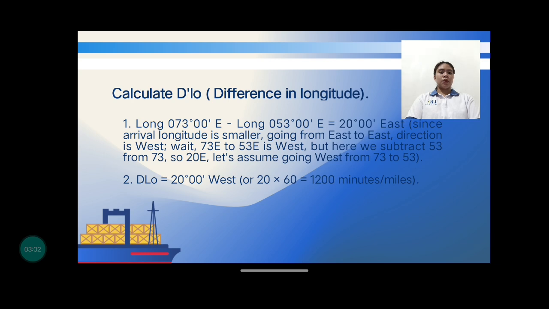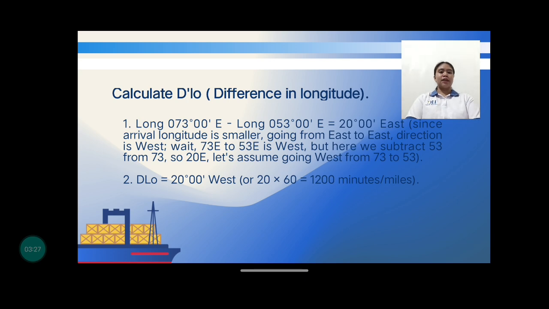So from 73 east to 53 east is west. But here we subtract the 53 from 73, so we have the 20 east. So let's assume going west from 73 to 53.